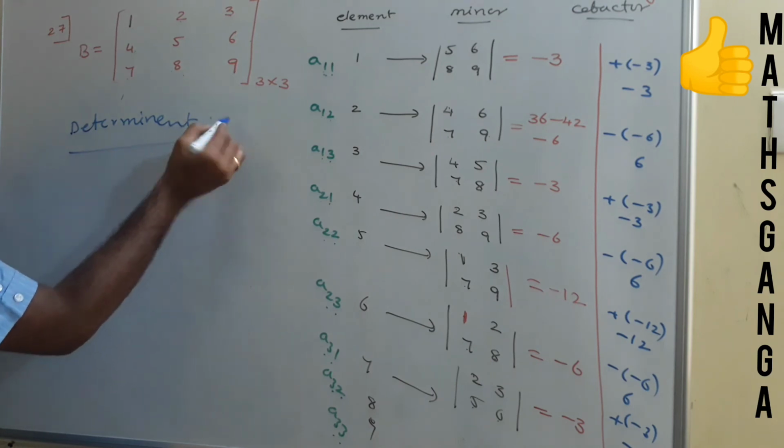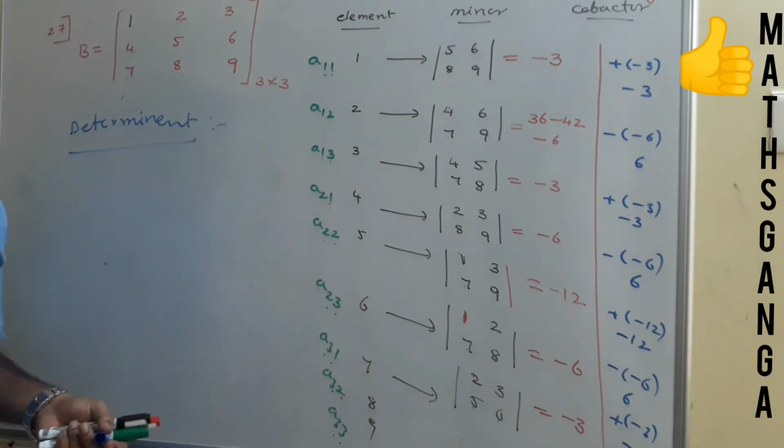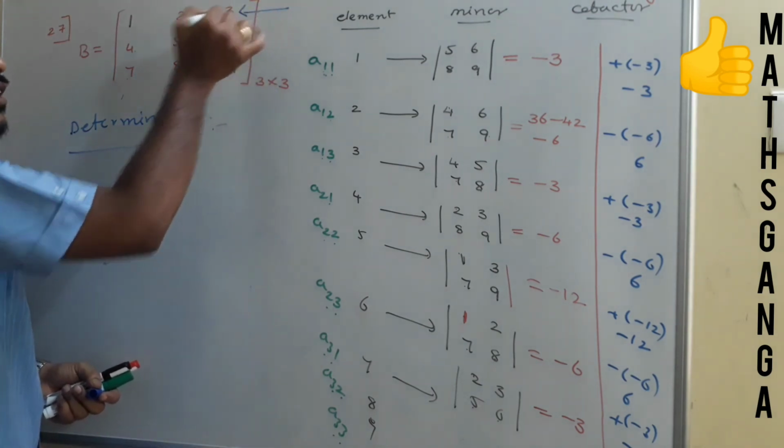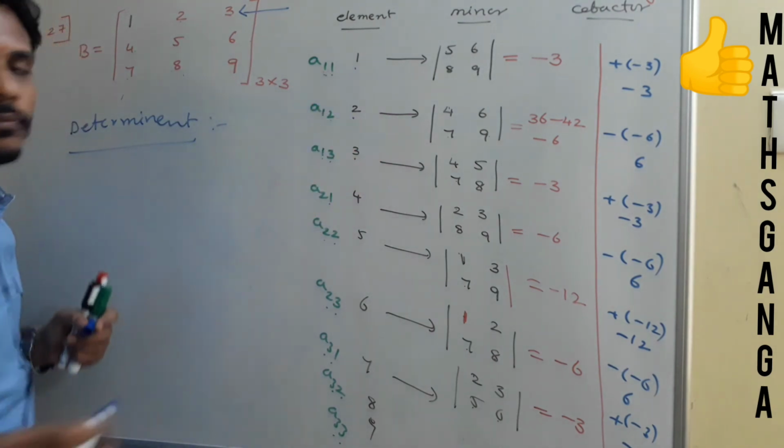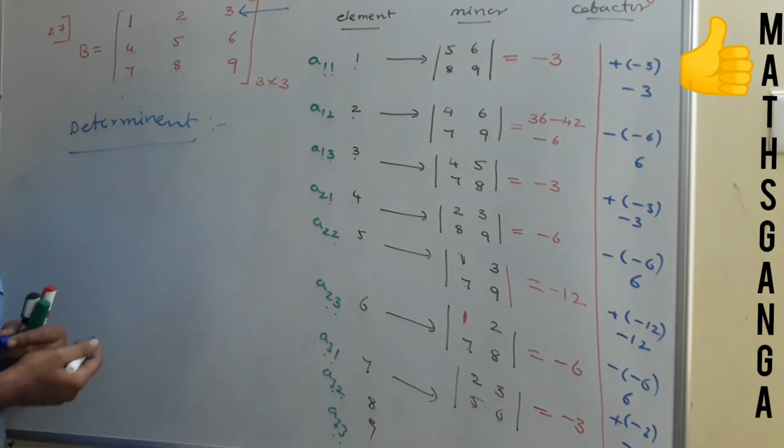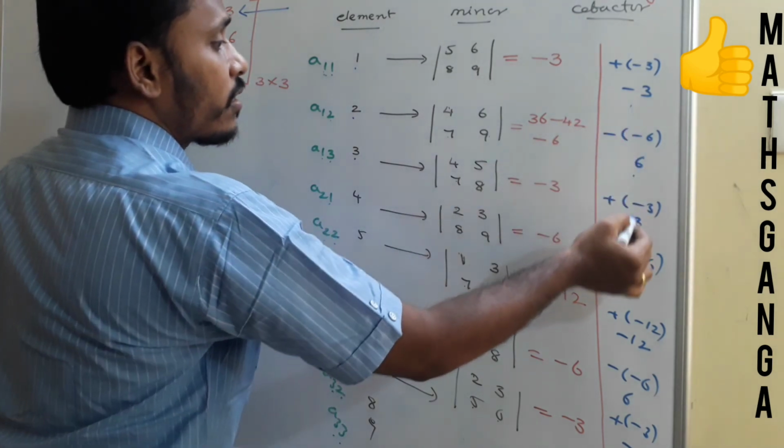Okay, you are free to take any row or any column, right? So for that I am just taking the first row. So what are the elements of the first row? 1, 2, 3. And what are the corresponding cofactors? Minus 3, 6 and minus 3.